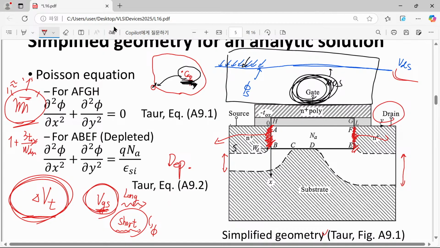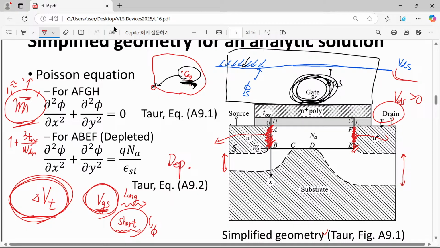The source side depletion width is drawn narrower, and the drain side is drawn a little bit wider, because we have assumed a positive drain bias relative to the source. So therefore the wider depletion region is assumed.